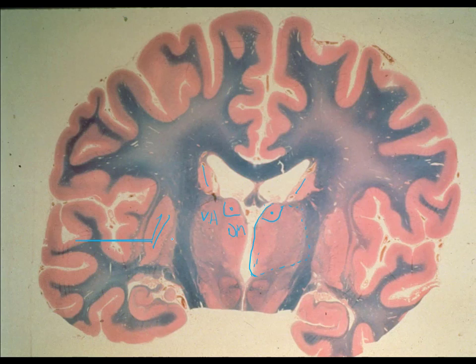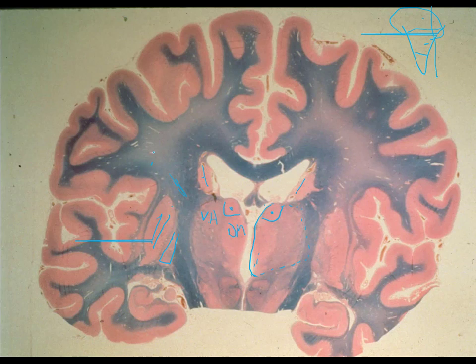Putamen. What's this? GPE. If you think about the ice cream cone, you've got your flavor at the top here. If you cut and you only see two of them, you're always going to see putamen and externa, but not interna. Okay? All right. So here now we've got, this is internal capsule between caudate and putamen.